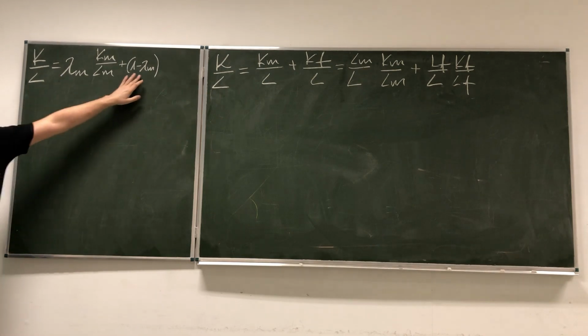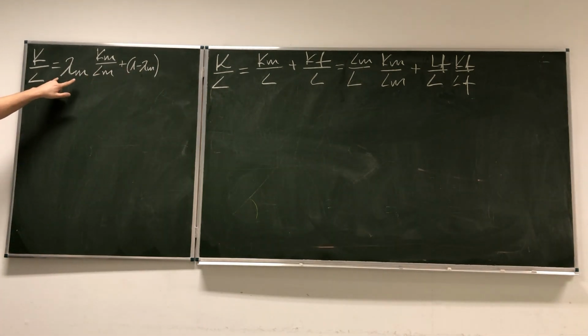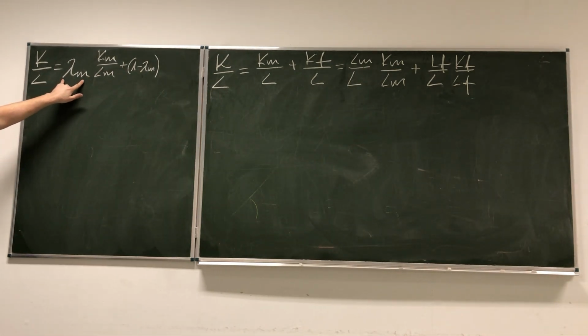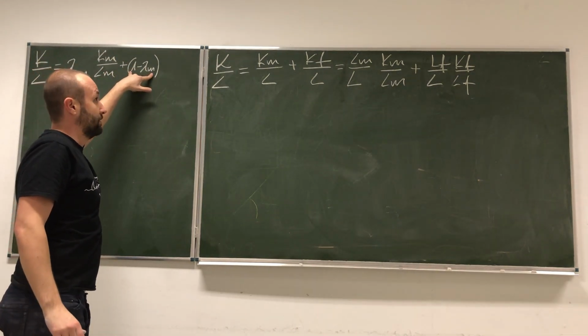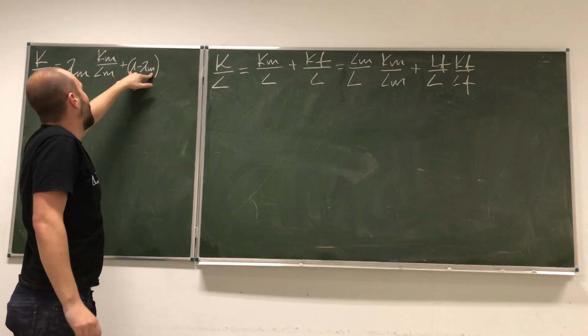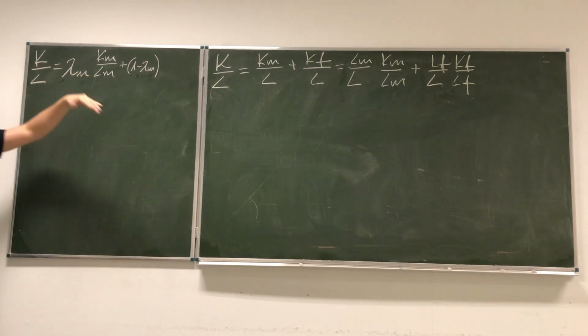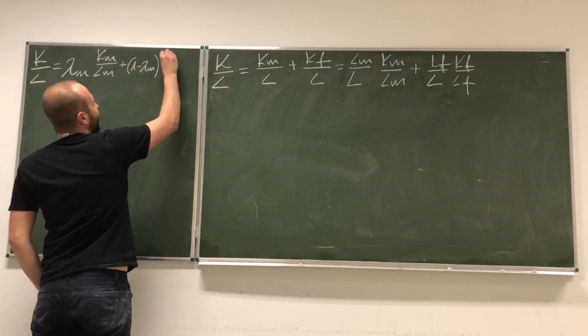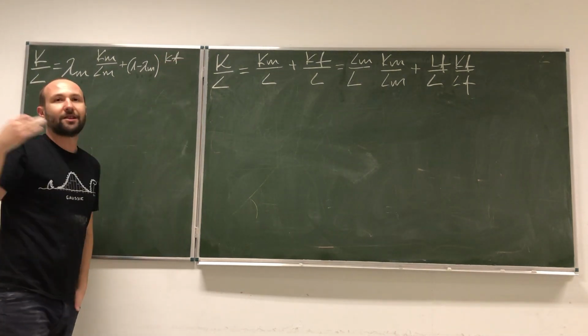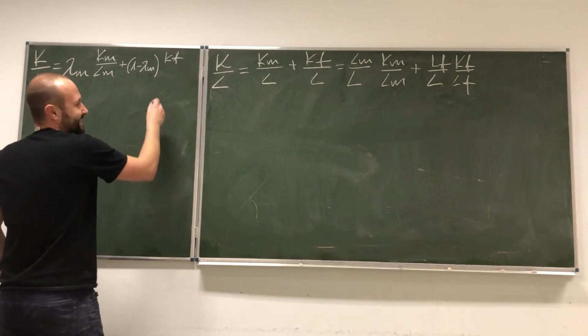We need to sum up to 1. So this is the share of labor in manufacturing. This is the share of labor in the food industry, which is 1 minus lambda m, remember, those are like percentages. So here we have Kf over Lf, those are exactly percentages, I'm sorry.